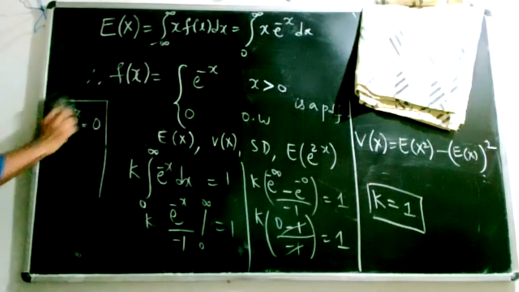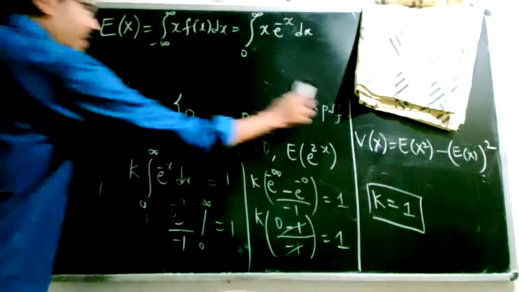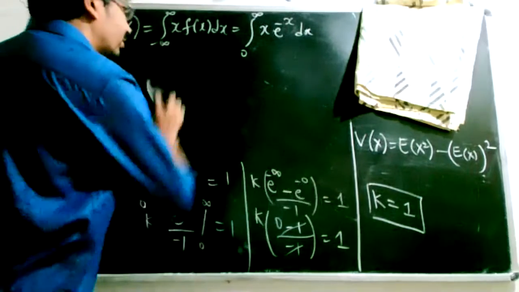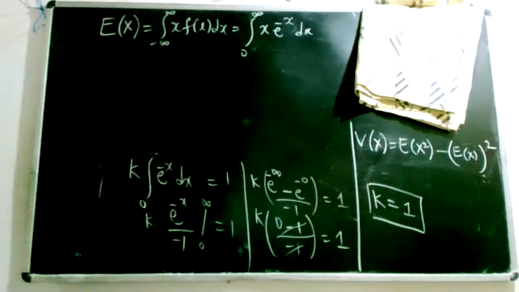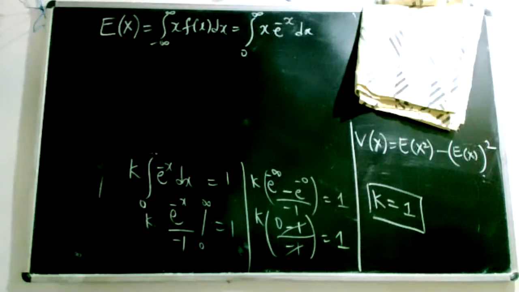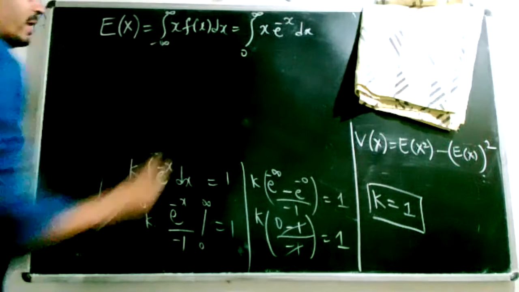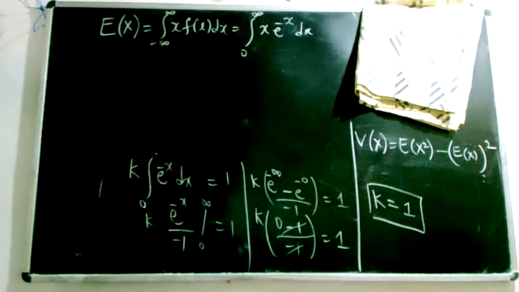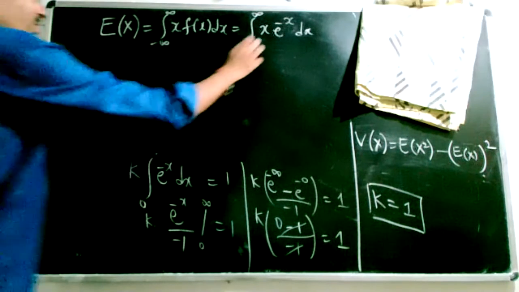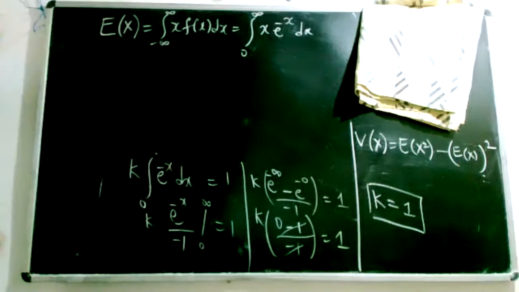So mean is expectation of x, which is equal to integration of x into f of x dx over minus infinity to infinity. But here my function is taking values only in the positive region, positive real line. Therefore 0 to infinity x into e power minus x. Now you have the product of the function here.